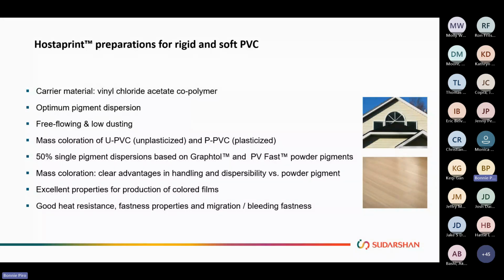These are definitely targeted for the darker mass coloration of PVC. There are high loadings in there, and they will provide good heat resistance, depending on the application area needed.